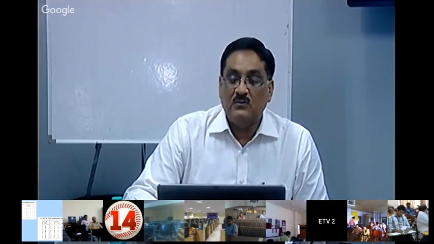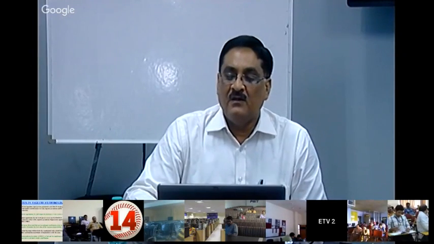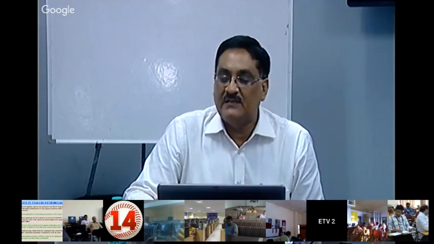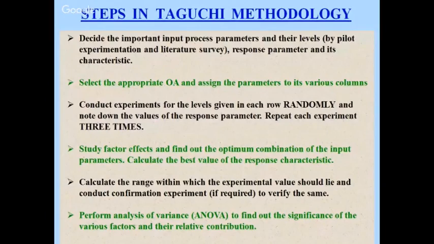Now I come back to, so select the appropriate orthogonal array and assign the parameters to its various columns. Like we assigned voltage to the first column, current to the second column. This assignment is very important. You cannot do it at random. Usually the factor which you think is going to be most significant is assigned to the left side, usually.